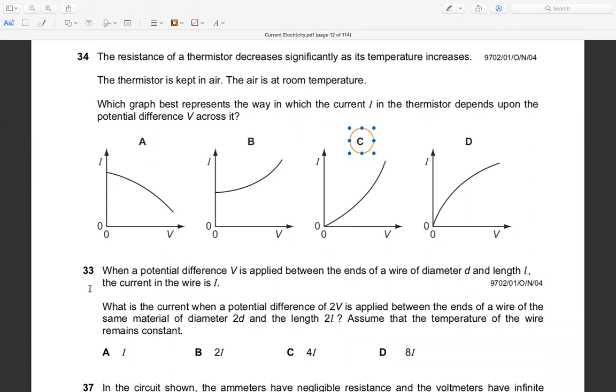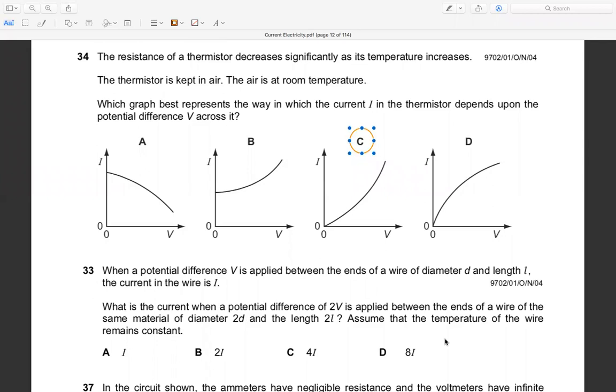Okay, continue to number 33. When a potential difference V is applied between the ends of a wire of diameter D and length L, the current in the wire is I. What is the current when a potential difference 2V is applied between the ends of a wire of the same material, where the diameter is 2D and the length is 2L?